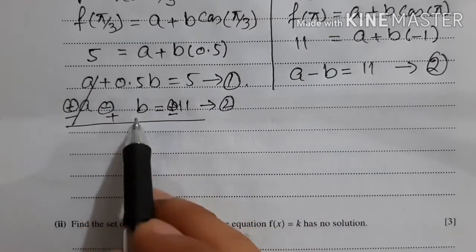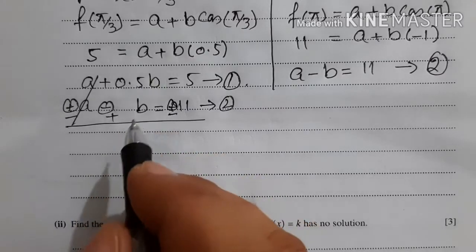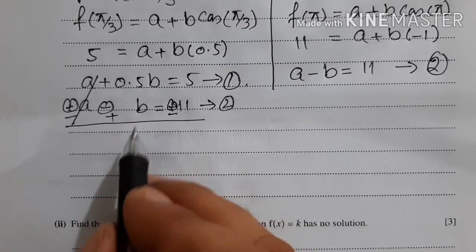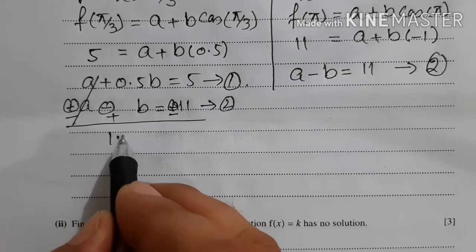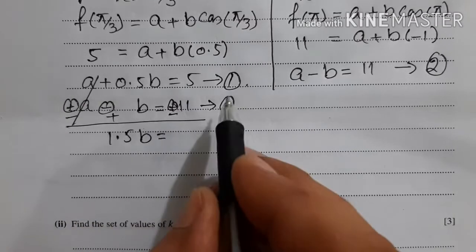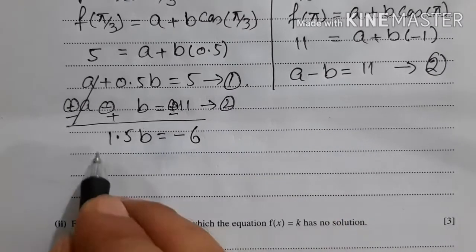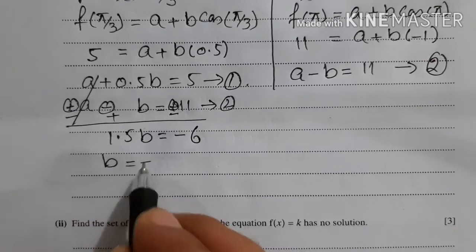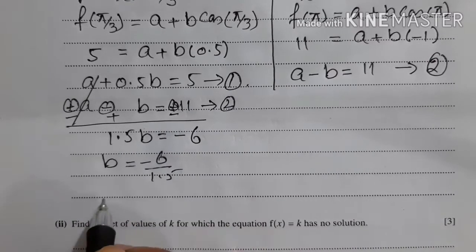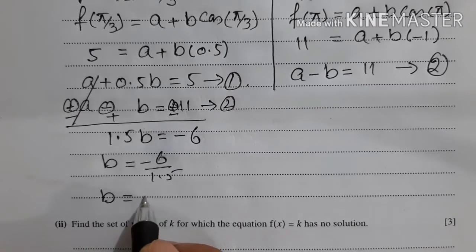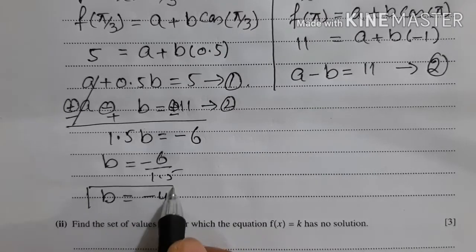The a will be cancelled. It will be 1.5b is equal to minus 6. So b will be minus 6 over 1.5. This will be minus 4. This is the value of b.